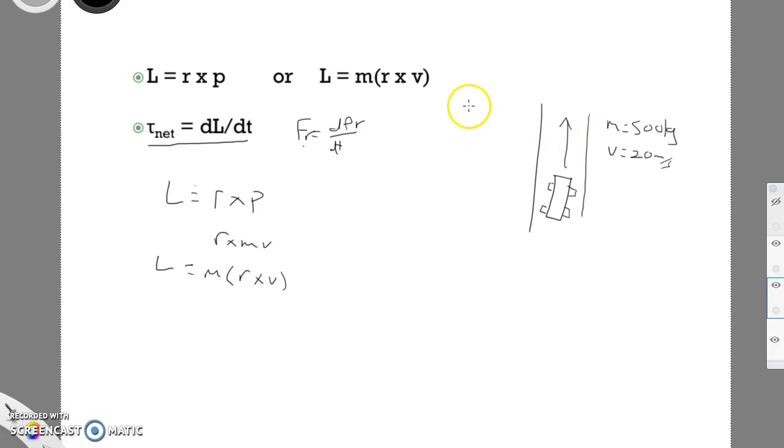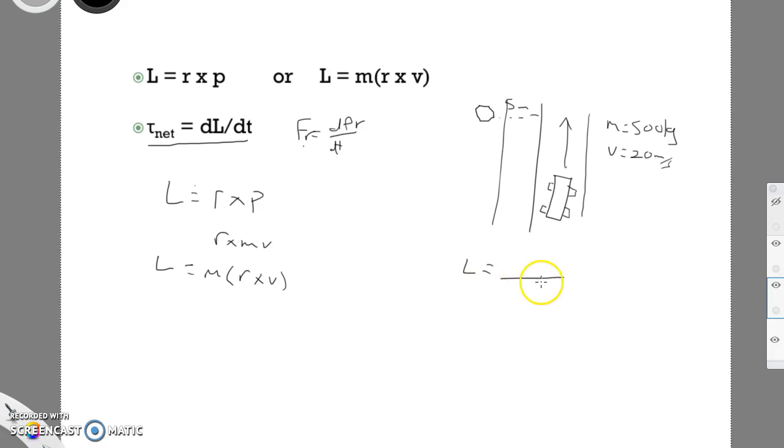Let's say that there is a stop sign right here that's about 5 meters from the road. Or maybe it's on the other side. So the car's going to pass within 5 meters of it. And the question is, what is the angular momentum of this car about the stop sign?